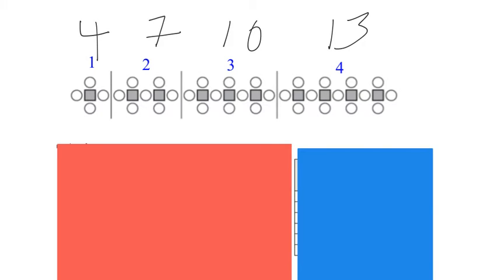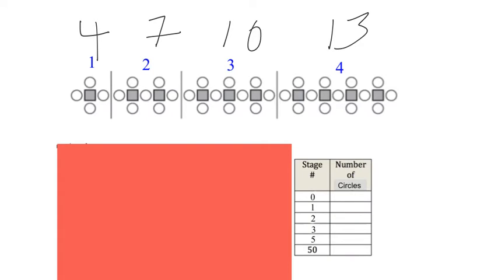Okay, so knowing that, it might be kind of nice if we sort of organize this a bit so that we get away from this picture of chairs and tables. So one way you might do that is by putting it into a table.